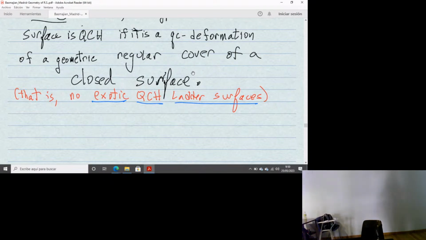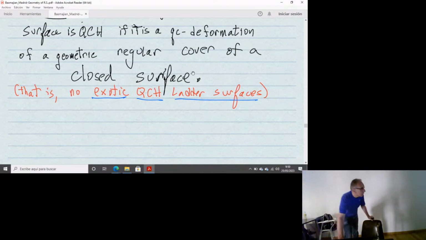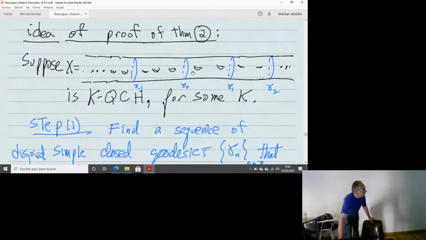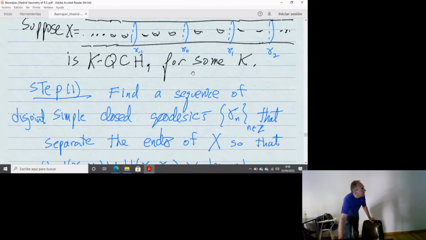There's a picture, and I'm just going to give you step one. You take some simple curve, gamma naught. This is the hyperbolic ladder surface, and we're assuming it's QCH. And I want to build sort of a quasi-translation here, a Z-action.